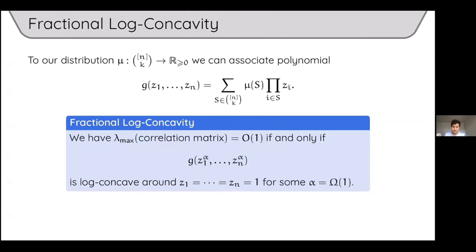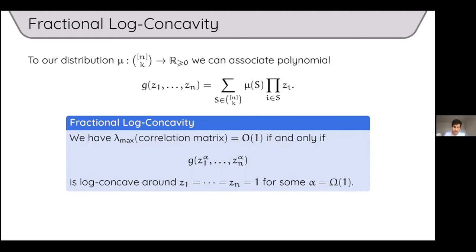Then take a log of the resulting thing and see whether or not you get a concave function over the positive orthant. As long as you can do this for some fractional power alpha that's at least a constant, let's say alpha equals a half or a quarter, then you get the fact that the correlation matrix has eigenvalues bounded by a constant, and vice versa.